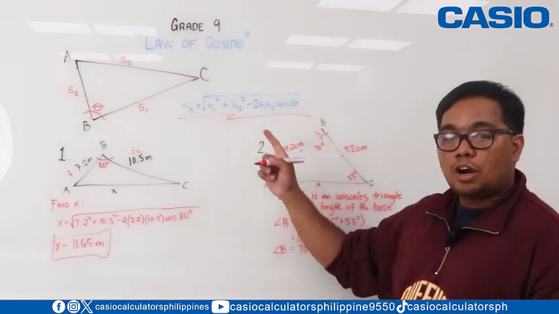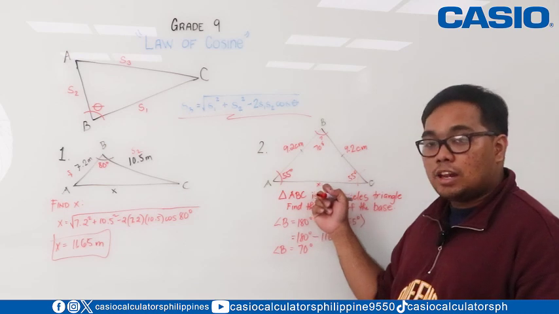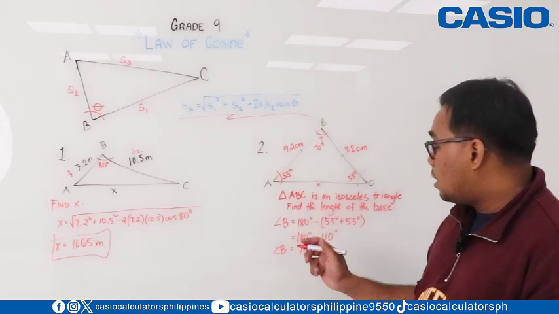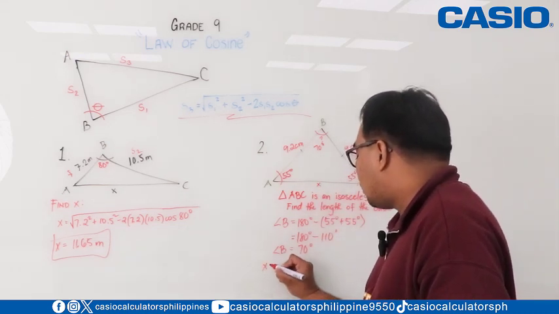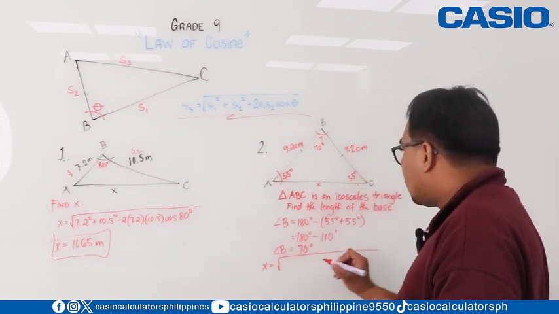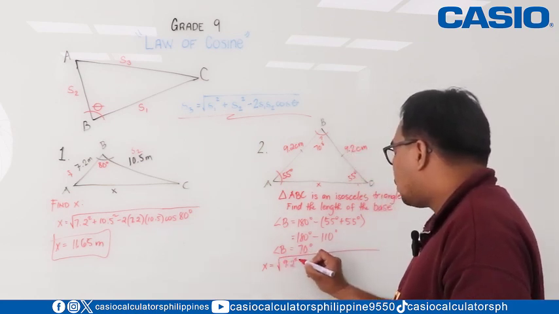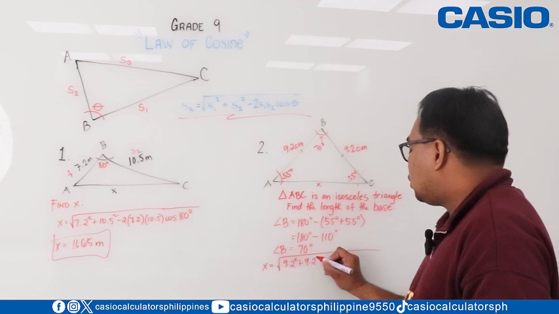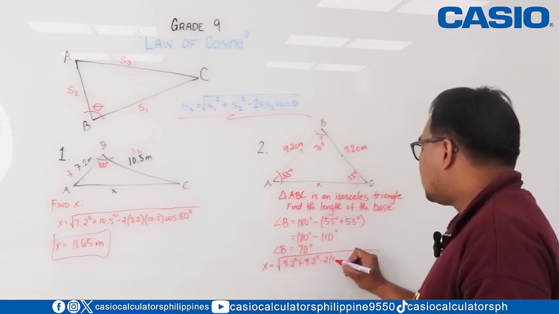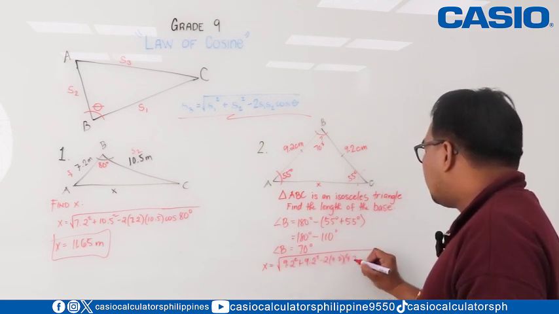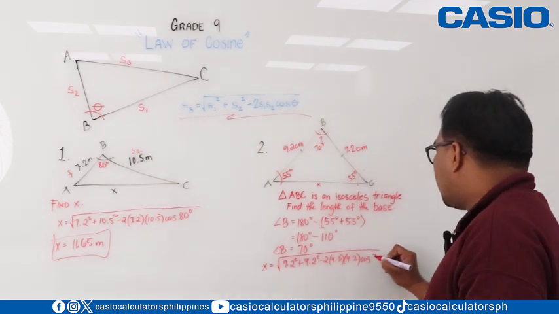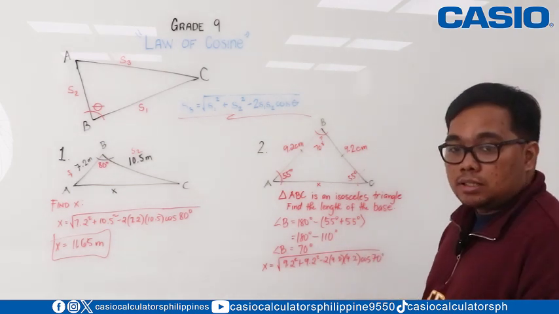We can now use the Law of Cosine to get the length of our base. The base is equal to the square root of 9.2 squared plus 9.2 squared minus twice 9.2 times 9.2 cosine 70 degrees.